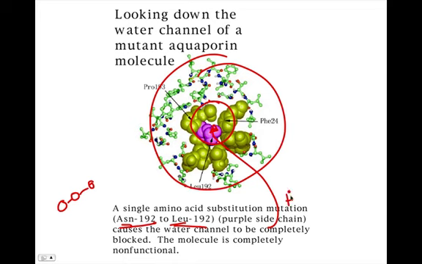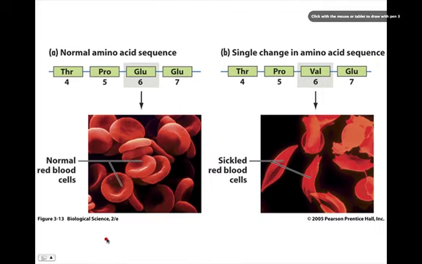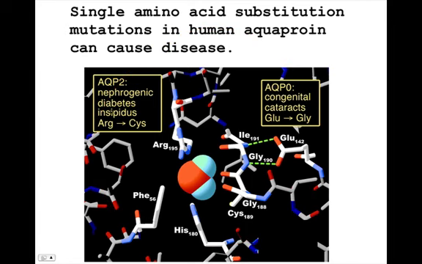And so the function is defective. The purpose of the protein is to let water in. The function is defective. So this is, again, an example of one mutation that leads to a defect in the protein, leads to some sickness.